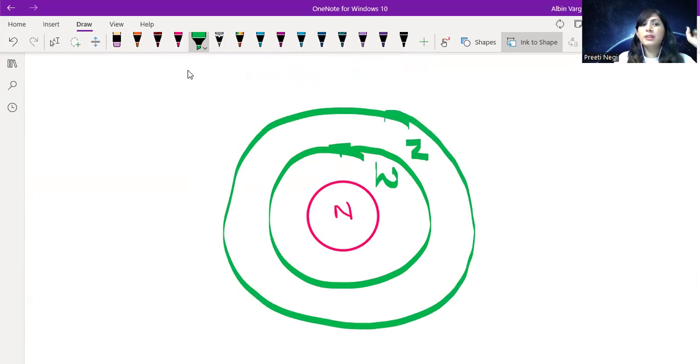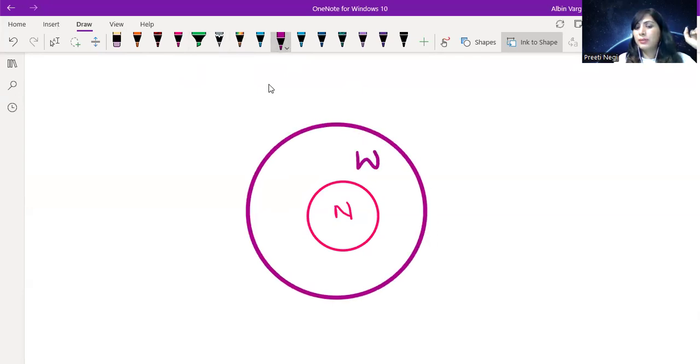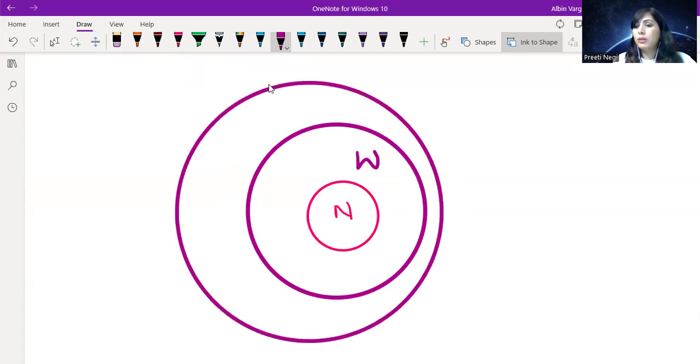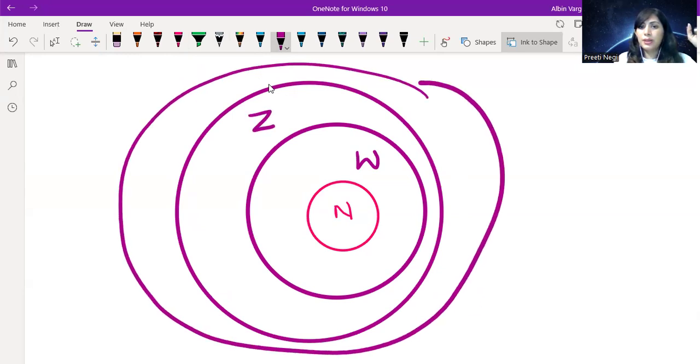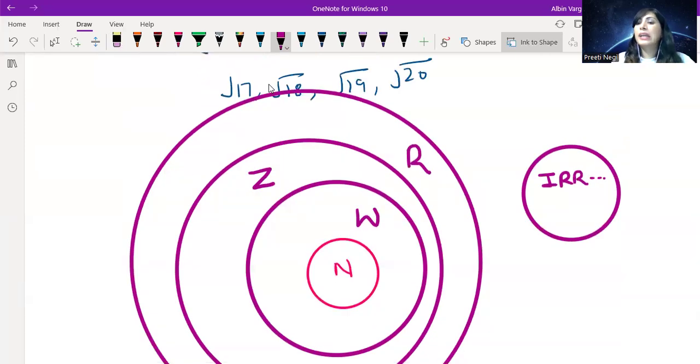Integers we represent with Z. And all integers come under rational numbers. And which are not rational numbers, those are irrational numbers. And all rational numbers and irrational numbers come under real numbers. So each and every number is a real number.